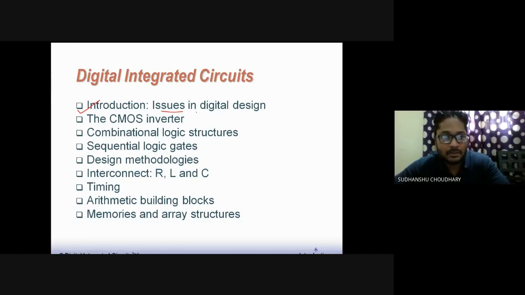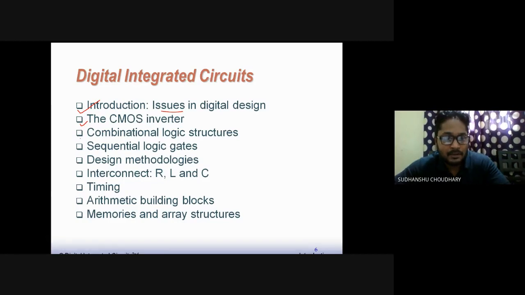We'll talk about them. Then in the next few lectures, we'll talk about the CMOS inverter. As I said, we will learn to perform all sorts of analysis. That is, we'll learn how to design and optimize, and all the existing techniques to reduce the power consumption, delay, and noise margin. All these kinds of analysis will be performed on these CMOS inverters.